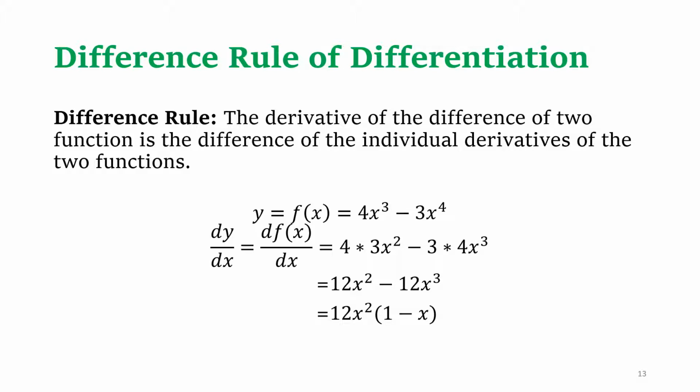So now let's look at the difference rule here. Just as we say the sum rule, if you differentiate the sum of two functions, just find the individual derivatives and then add them. We do the same thing here.